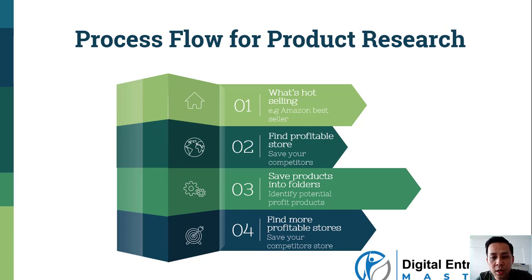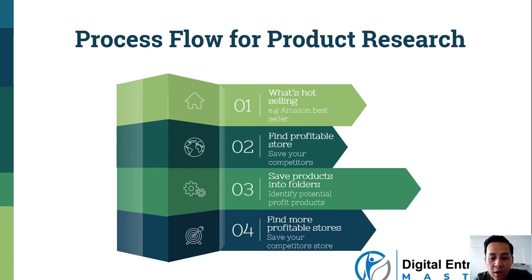And step number 2, you can also start with finding a profitable store, meaning an eBay store that is profitable, by using some software. It is a paid tool that later on we can take a look at, and you can actually save your competitors and monitor them week after week, month after month. And step number 3, after you find the profitable store, you can save the products into folders by using certain software, and you can identify what are the most profitable products that give you the highest return on investment.